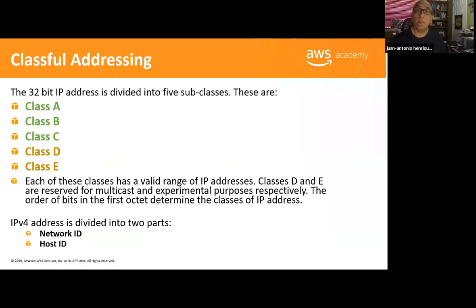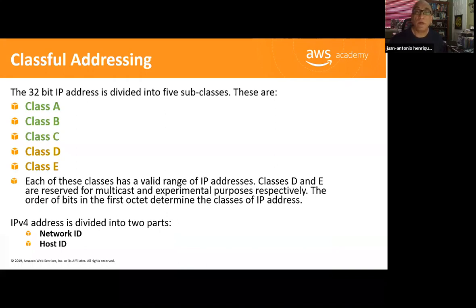The 32-bit IP address is divided into 5 classes, and the names given are simple, Class A through Class E. Each of the classes is given a value range of IP addresses. Classes D and E are reserved. We'll talk about that later, but some of those are reserved for experimental purposes. They're not used commercially.